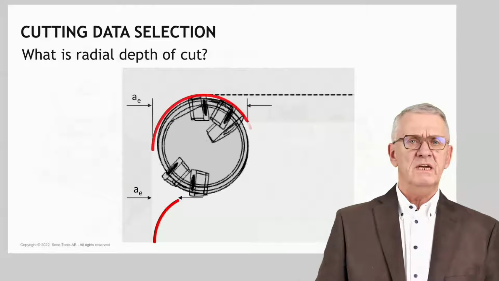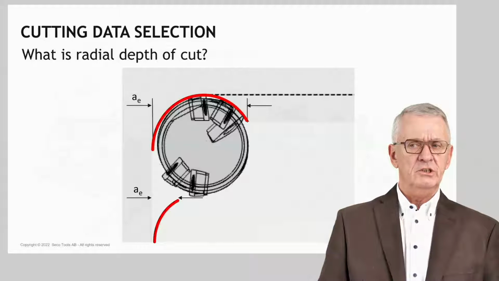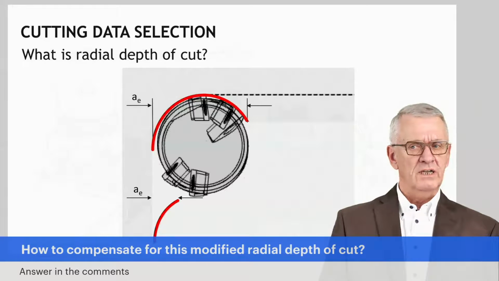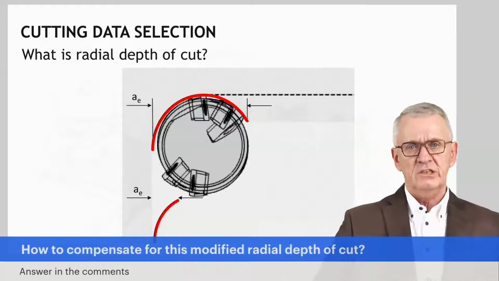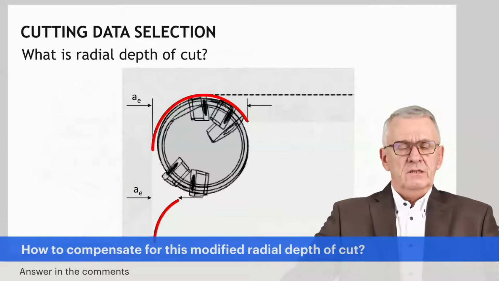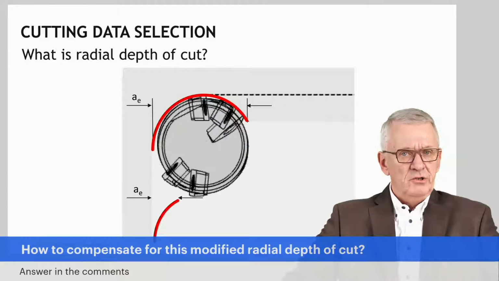But that means when a milling cutter comes in the corner, suddenly it's confronted with a different radial cutting depth. That means in one operation you have one tool, one milling cutter, that depending on where it is in the operation is confronted with one of the cutting conditions, the radial depth of cut, which is modified.